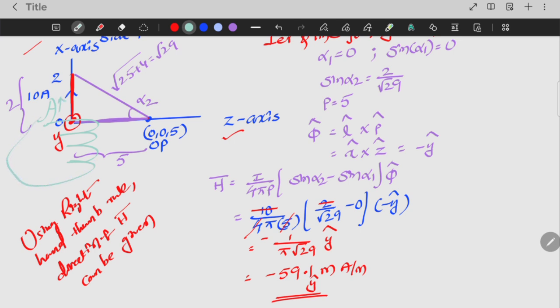I am keeping it in the current direction. Then these fingers are going into the page at the observation point. My right hand is going into the screen at the observation point. Into the screen is nothing but the negative y direction only. That is what we got here. The phi direction you can see is the negative y direction. Okay, thank you.